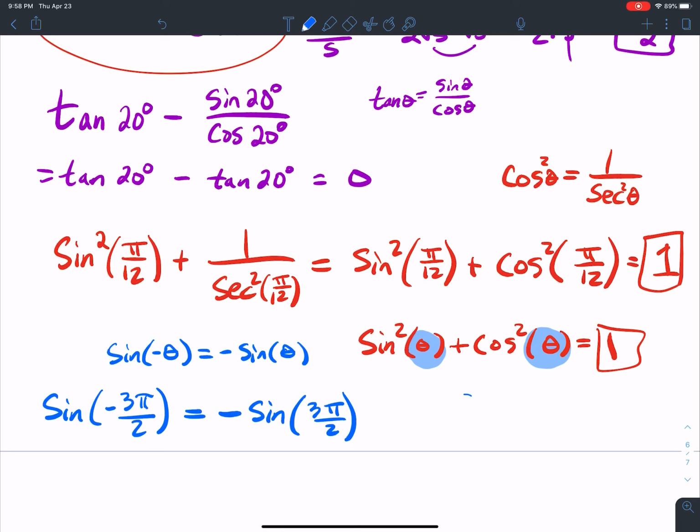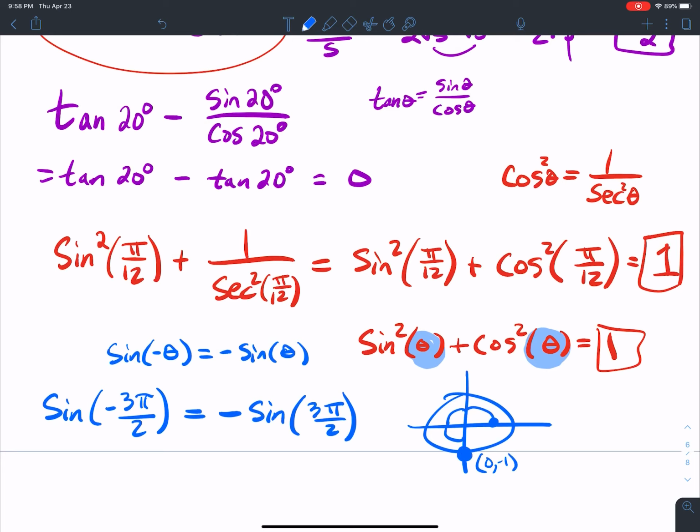So if I draw a picture, okay, 3 pi over 2, so here we're at 0, pi over 2, pi, and then 3 pi over 2. So what is the y value down here? Okay, so the y value down here, that's 0, negative 1.